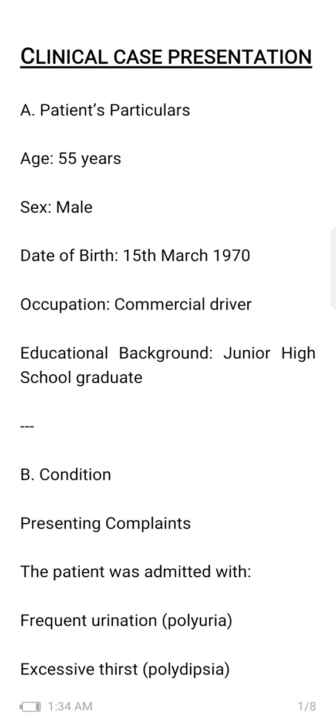The next one is the condition. The condition consists of the compliance, assessment findings, diagnosis, lab investigations, and treatments.